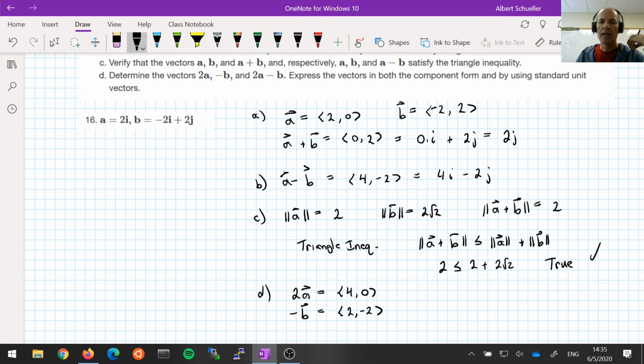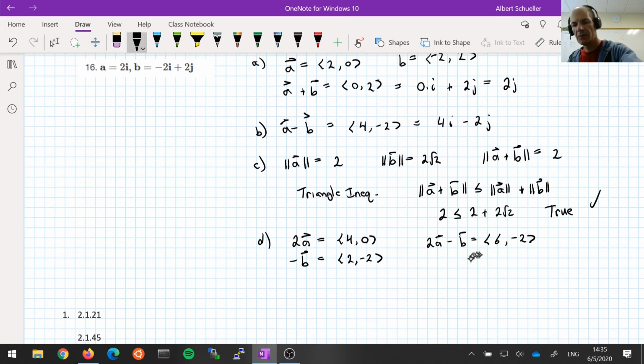And finally, 2A minus B is really just a matter of adding these two together. Just add component-wise. 4 plus 2 is 6. 0 plus -2 is -2. And then we can express this in ij form or standard vector form as 6i minus 2j.